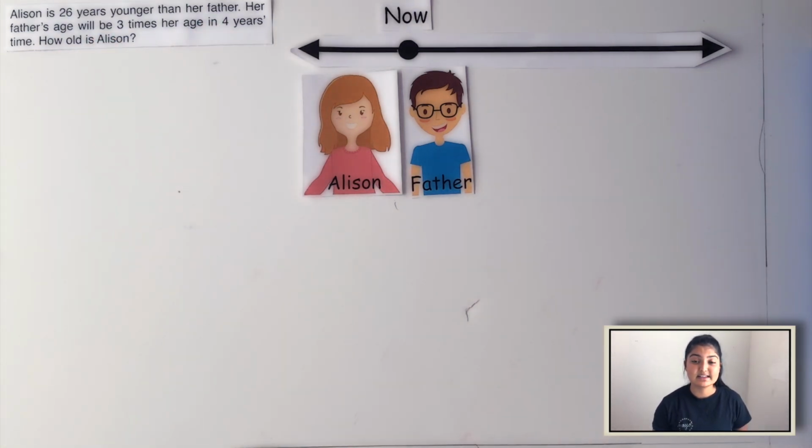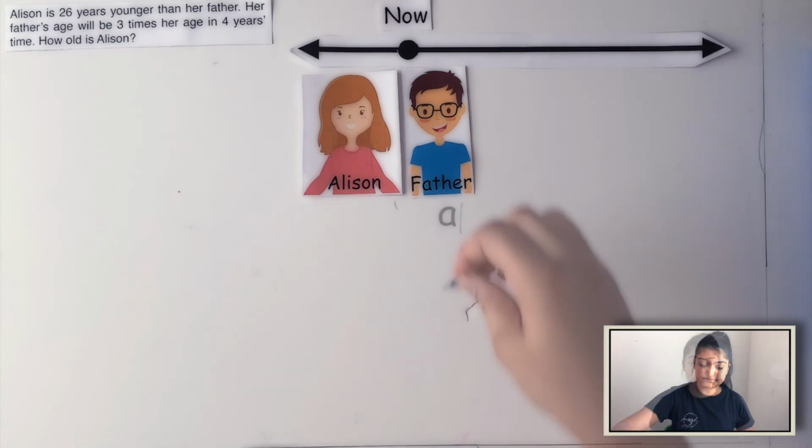Well, since the question is telling us her father's age in reference to Alison's age, we can start by assuming her father's age by using a variable. So let's use the variable a.